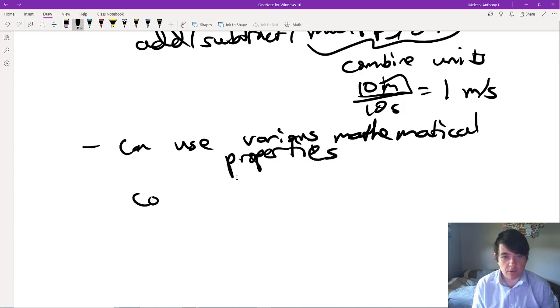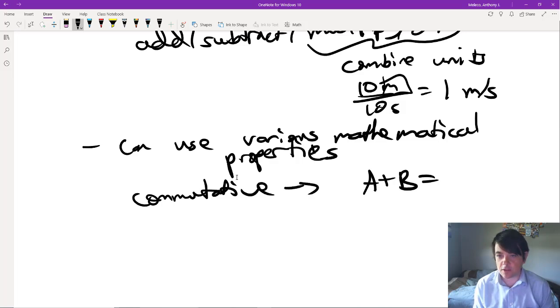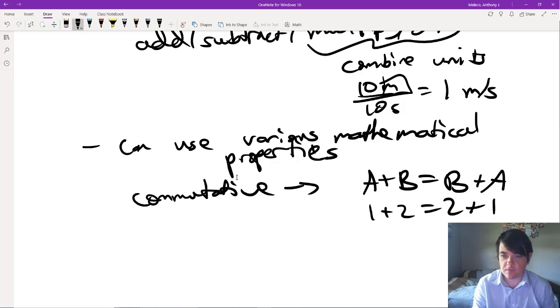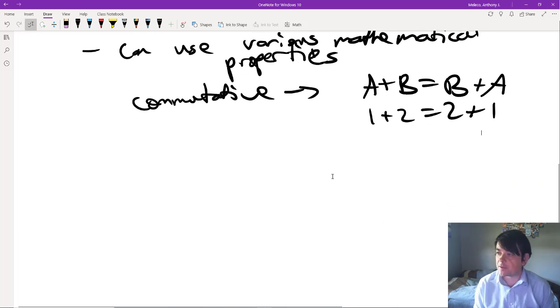They're commutative, which means you can add them in any order you like, so 1 plus 2 equals 2 plus 1. This isn't always the case in some other types of math, but you can do it here.